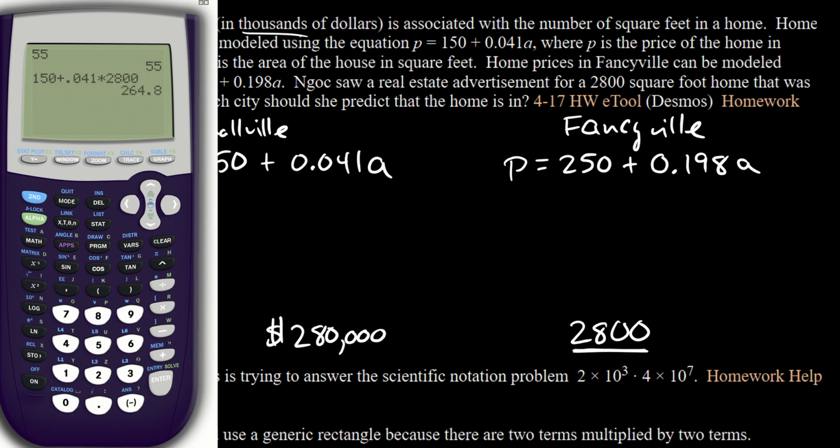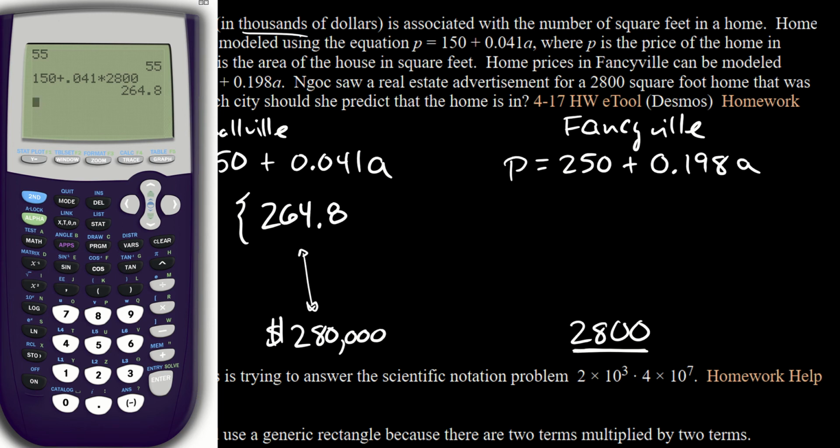That gives me a predicted price of $264,800, right? So remember, this number is expressed in thousands, so I would move the decimal place 3 to the left. So that's what that one is. Okay, that's not bad, right? If I look at the difference between these two numbers, it could just be a lot lower priced home in this neighborhood.